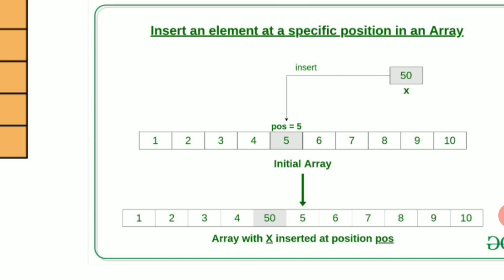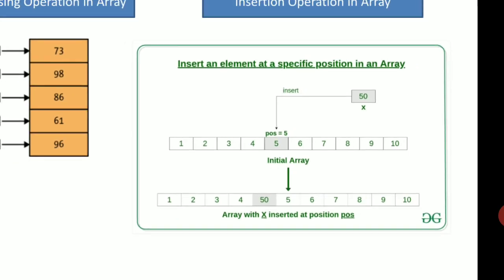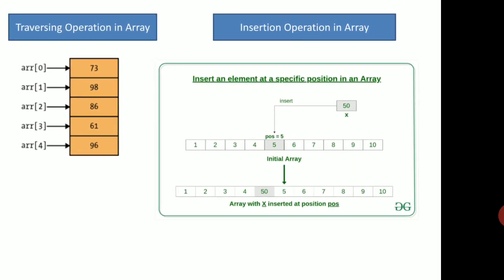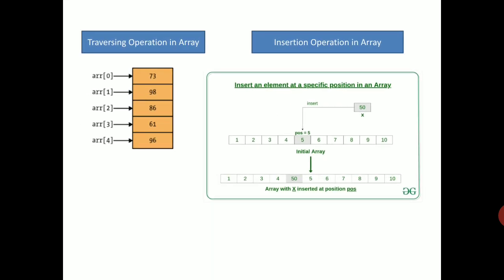POS stands for position, and the position given here is 5. Now you can read this array: 1, 2, 3, 4, 50, because 50 is the x value which is inserted in between, then we have 5, 6, 7, 8, 9, 10. So this is insertion. Inserting a new element into an array is known as insertion.